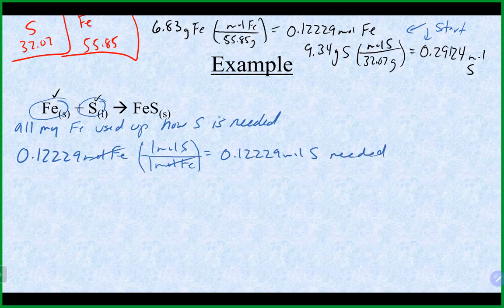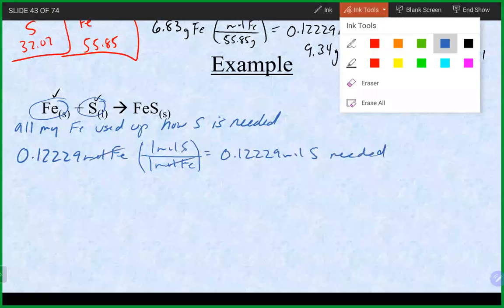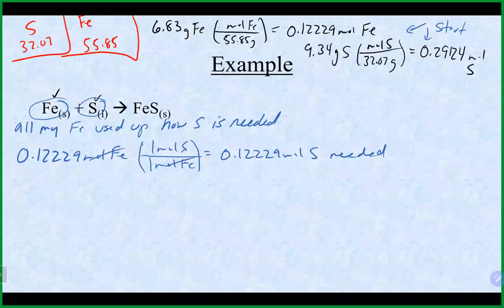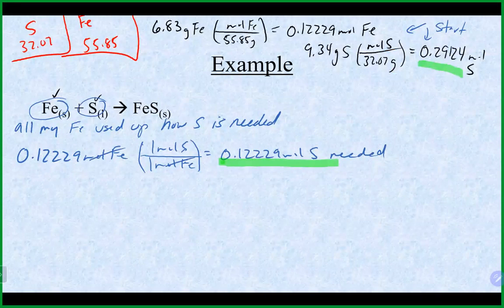Once again, that calculation is going to help us determine which one's the limiting reagent and which one's the excess reagent. In this case, we do need 0.122 moles of sulfur. In terms of sulfur, I'm starting with 0.29124. Do I have enough sulfur in this case?